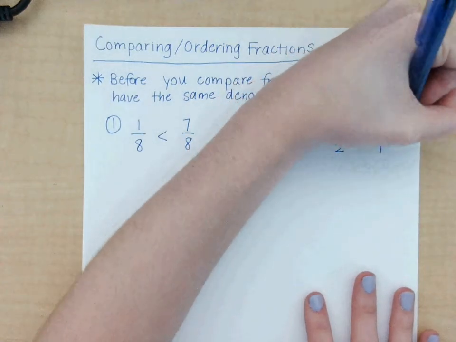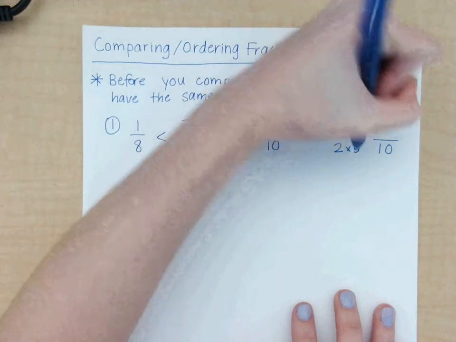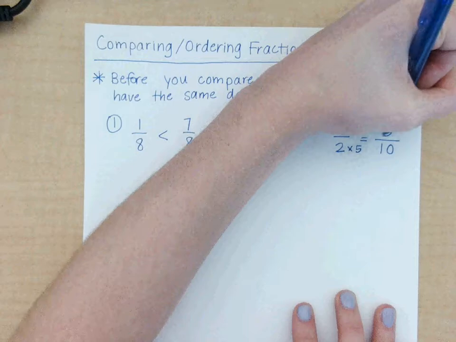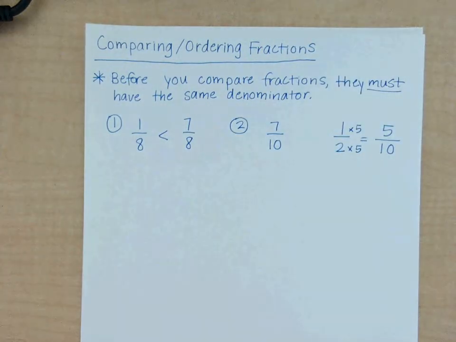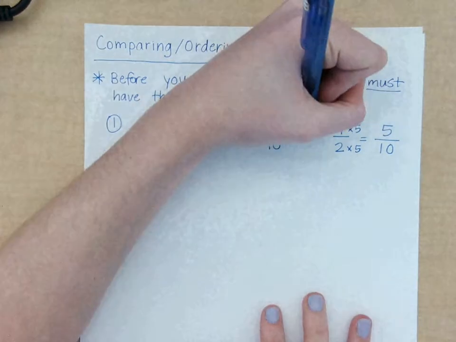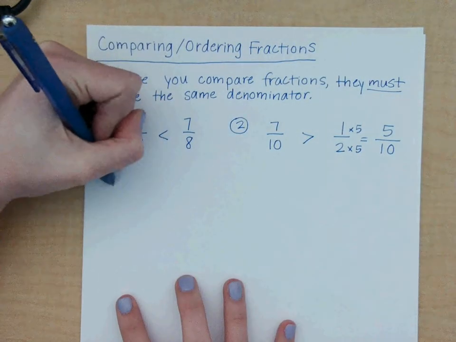So we can turn this into an equivalent fraction with a denominator of 10. How do we do that? I'm going to multiply by 5 to give me 5/10. Now, can I compare these fractions? Yes. Which one is greater? 7/10.